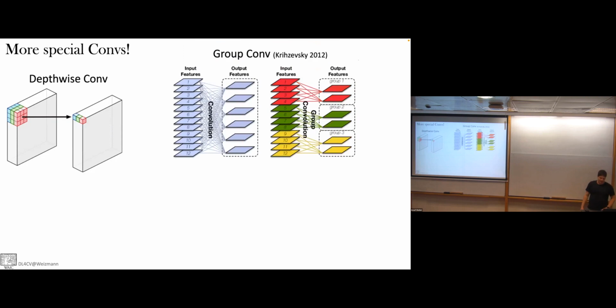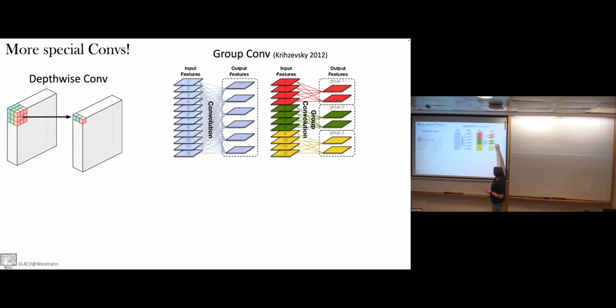Another thing, which was already presented in the first modern CNN paper, AlexNet, in 2012, is called group convolution. This is mainly to save on parameters. So instead of the filter seeing all the input channels, you remember the C-in thing? You have different filters that only see groups of the input layer.